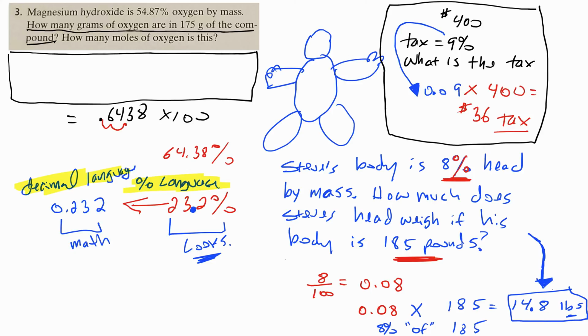So they're telling you that there's this body, right? This whole body right here has a total mass of 175, but part of this body, which I'll draw as this red part, is actually a big part of this body, because it represents what percent of the whole body.